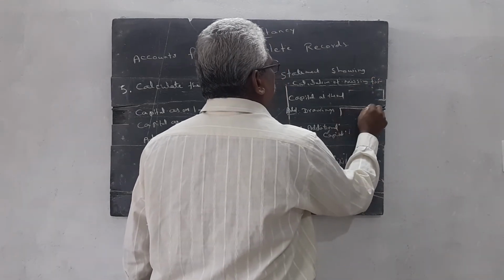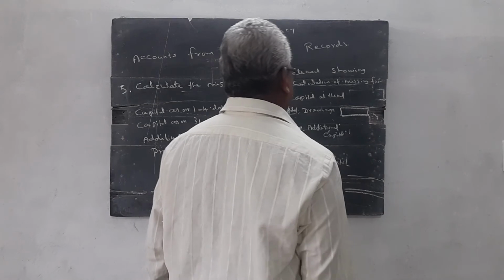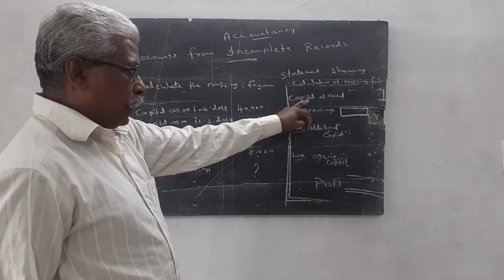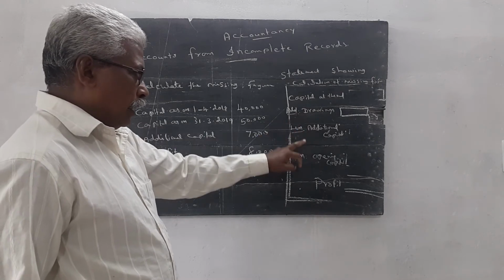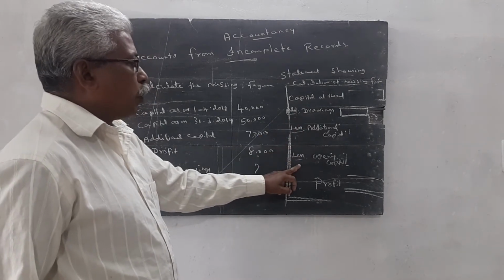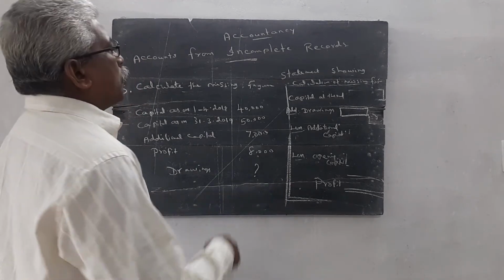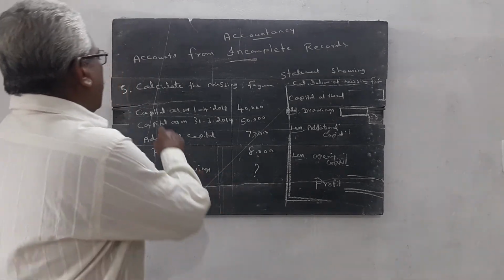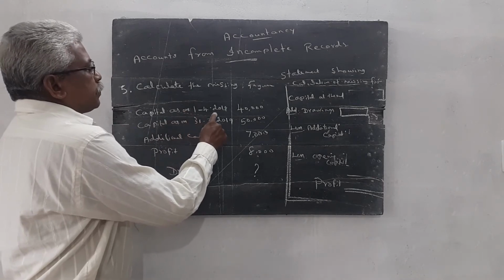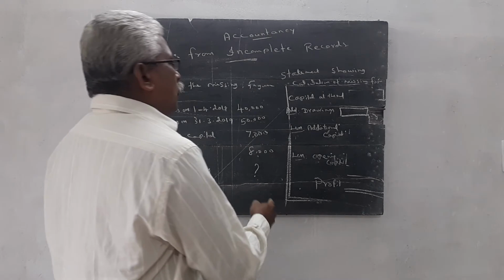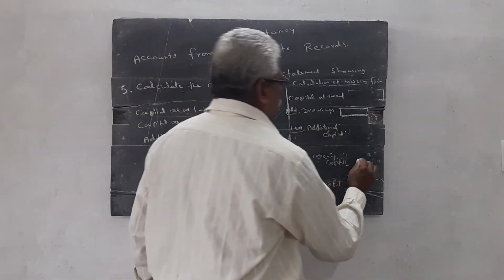So we have to find out drawings. How do we solve this question? First, we write the formula. Capital at the end, add drawings, less additional capital, less opening capital, we can get profit. So write all the information given in the question one by one. Capital as on 1/4/2018, 40,000. So it is the opening capital, 40,000.